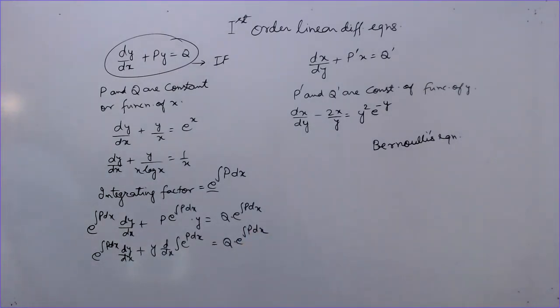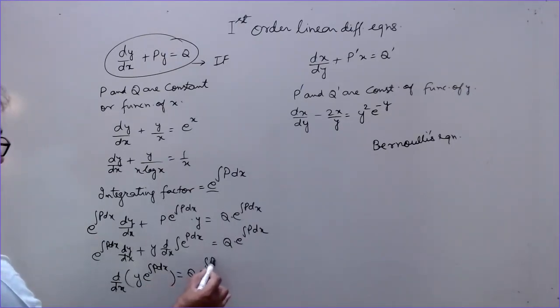So now this can be written as d by dx of, so you can write that this is the differential. We have two terms here and we are taking the differential of this. So y exponential e to the power p dx is equal to q e to the power integral p dx.